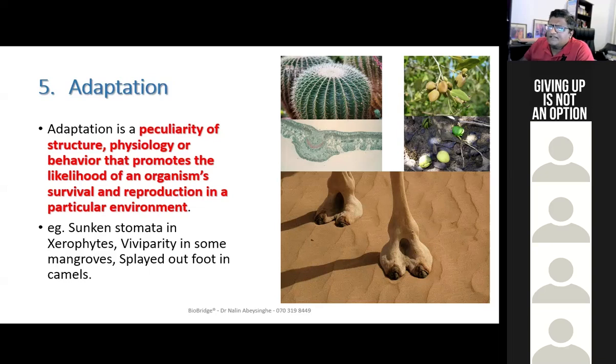In simple terms, the definition is peculiarity of structure. Adaptation is a peculiarity of structure, physiology, or behavior that promotes the likelihood of an organism's survival and reproduction in a particular manner. It's very important for survival and reproduction.